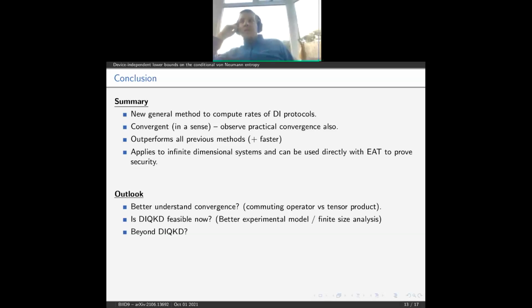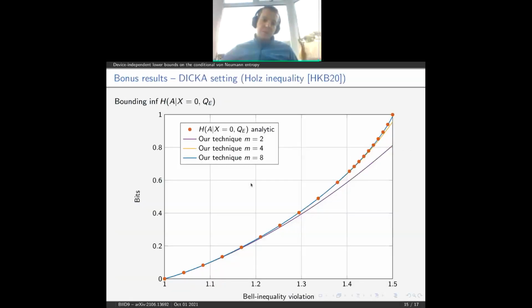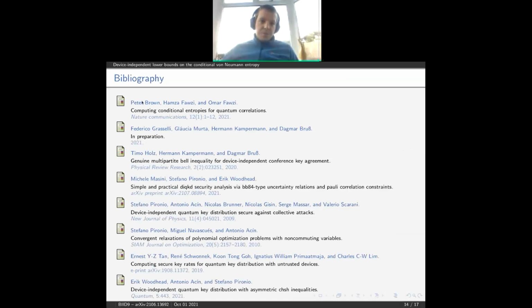Yeah, so we haven't looked directly at this, because the quantity that you want is the conditional von Neumann entropy for these problems. So we were really motivated by the device-independent problem. But we did actually have a paper, this paper here, which is one of the recent numerical techniques, and it was based on these geometric entropies. So we looked at lower bounds that were based on the matrix geometric mean that we could convert into polynomial optimization problems.